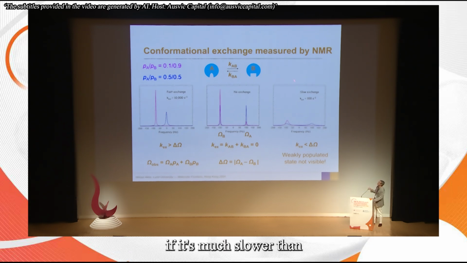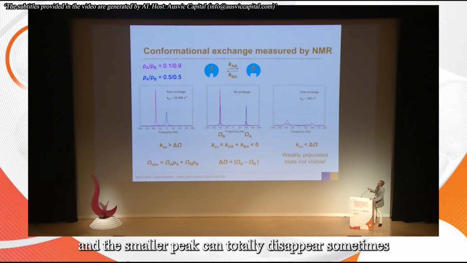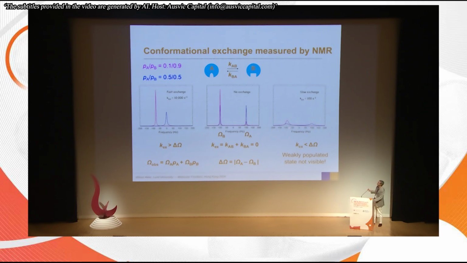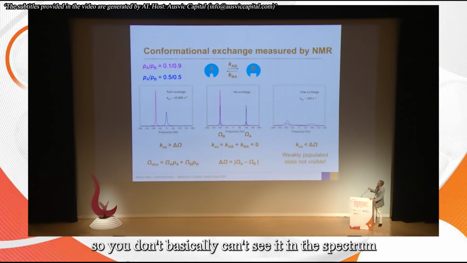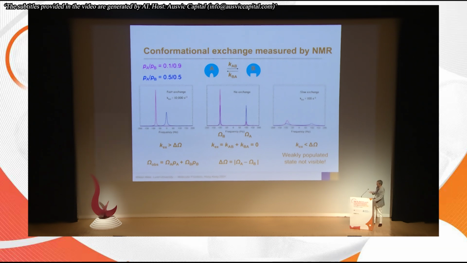If it's much slower than 200, or the difference here, then you get a broadening of the peaks. Well, here it's broadened too, to some extent. But it's broadened, and the smaller peak can totally disappear sometimes. So you basically can't see it in the spectrum.